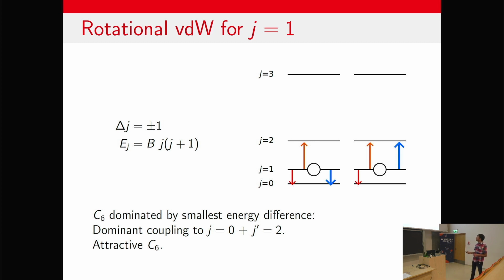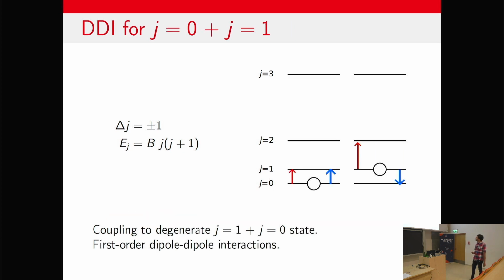Okay, and this will be true also if we place both molecules in j equals 2 or both in j equals 3. So the next question is what happens if we put them in different rotational states? So first thing to try is put one in j equals 0, the next in j equals 1. Again, we can excite both and you get an attractive van der Waals type interaction.